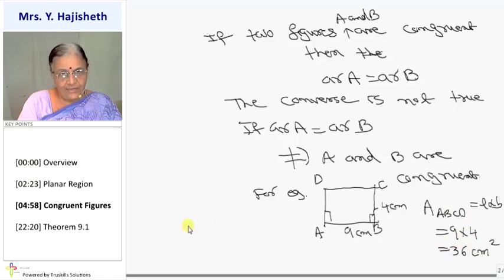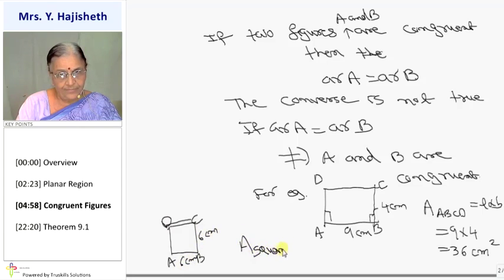Suppose I take another example of a square. If I draw a square ABCD of measurement 6 centimeter by 6 centimeter, the area of square ABCD is 6 into 6, that is also 36.